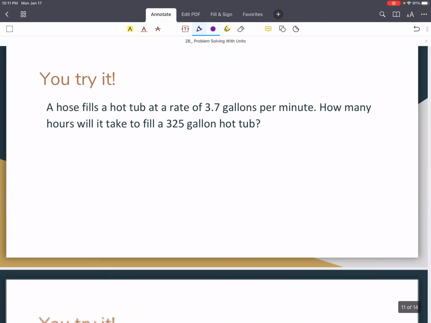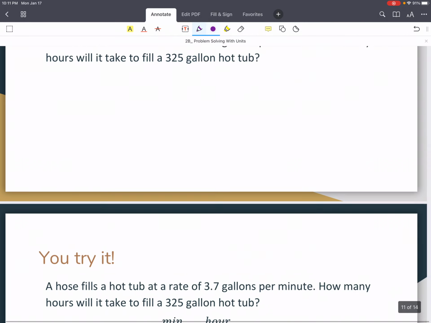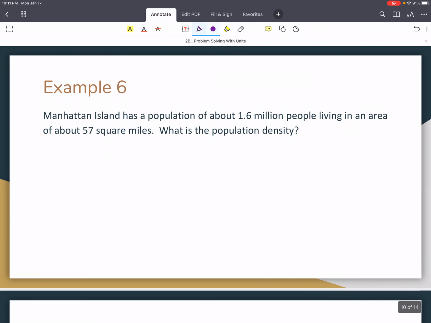Let's see. I'm just trying to decide how much more I want to show you. We're close to being done, so let's just do these last 2. Okay, Manhattan Island has a population of 1.6 million people living in an area of 57 square miles. What is the population density? Population density is how many people per square mile.